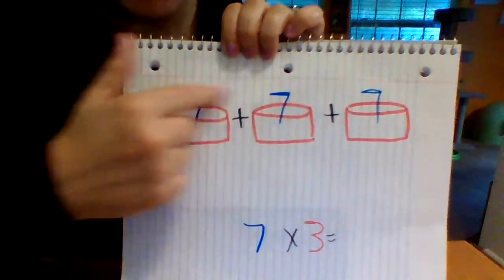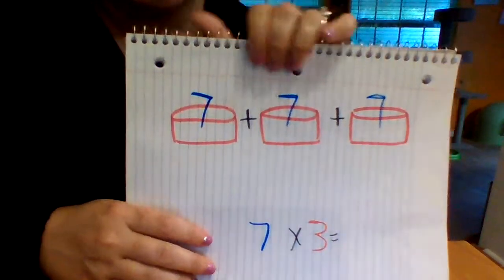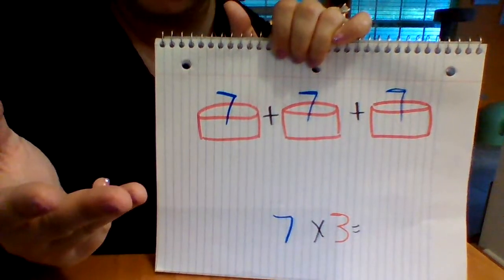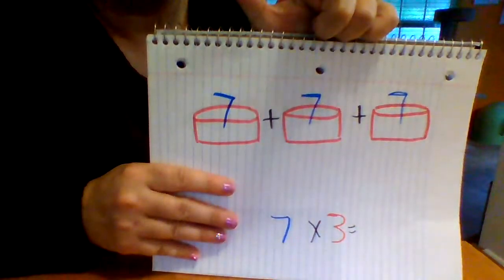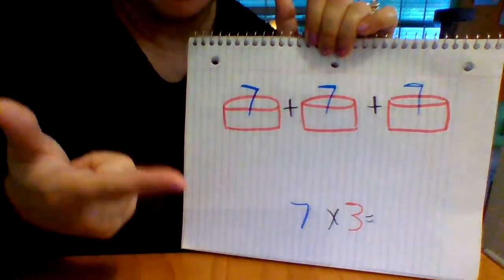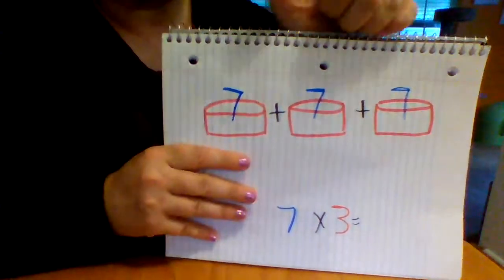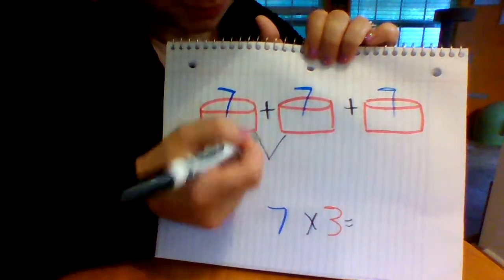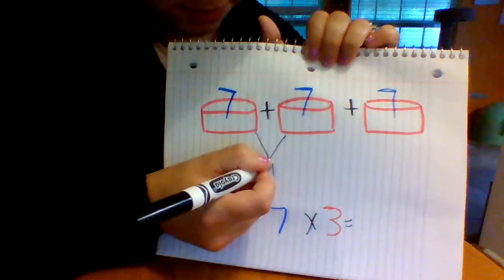7 plus 7, this is a double. Hopefully we know this one. But if you don't, you can use your fingers. 7, 8, 9, 10, 11, 12, 13, 14, 15. Oh, no, I messed that up. Let's try that again. 7, 8, 9, 10, 11, 12, 13, 14. Okay, 7 plus 7 is 14.